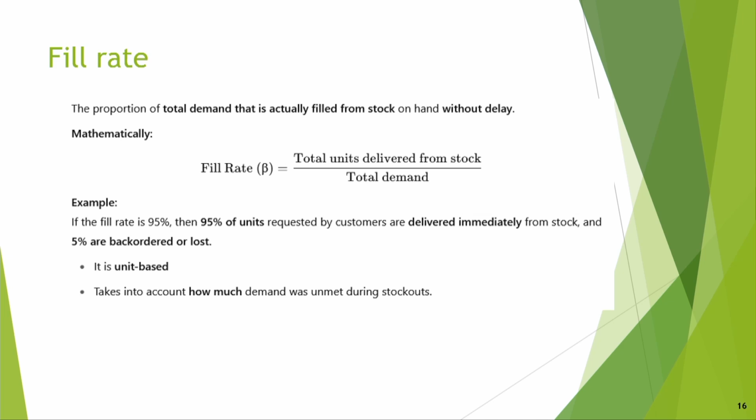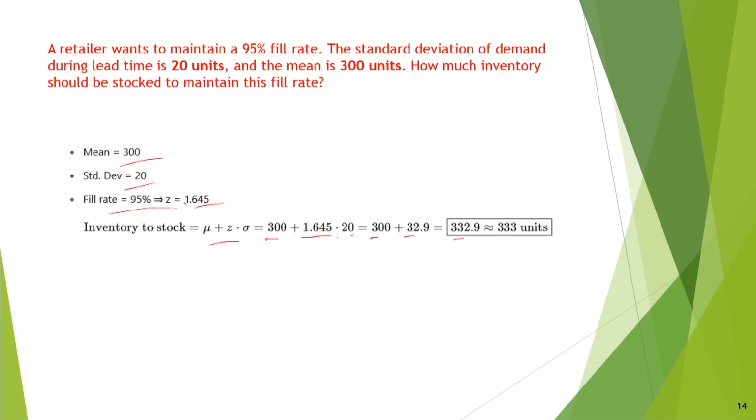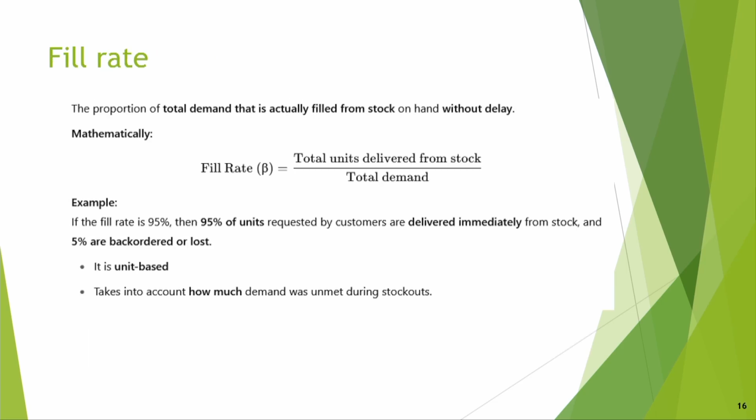So, it is unit based; it takes into account how much demand was unmet during stock outs. Both concepts are a little bit different, but sometimes when solving with the normal distribution, we almost take fill rate like service level, as we have done in this problem. Otherwise, you conceptually understand. So, this is what we have done about that.